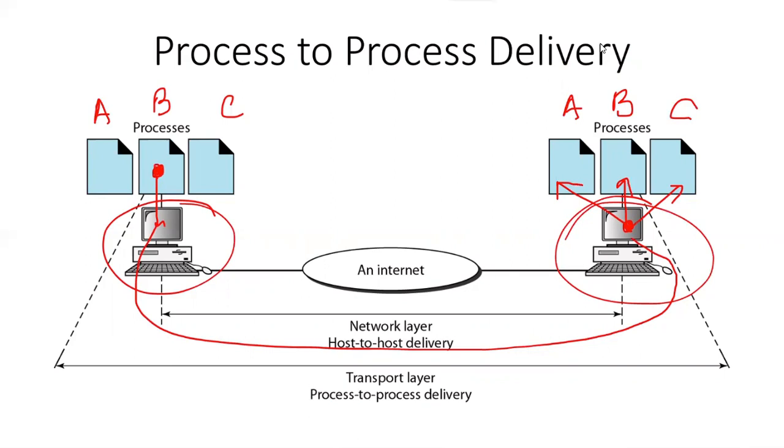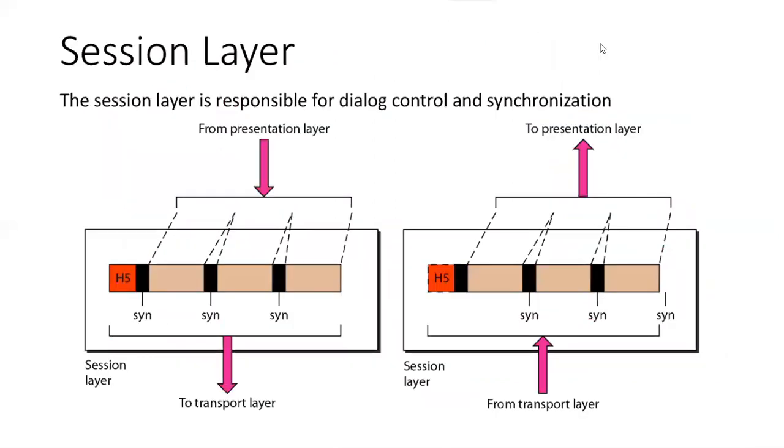B here is the source process, and the destination process would also be B. In the network layer, I say send from this device to that device. Then in the transport layer, I say, say this is device 1 and this is device 2, from device 1 process B, send to device 2 process B. So this is the process to process delivery, and this is handled in the transport layer.